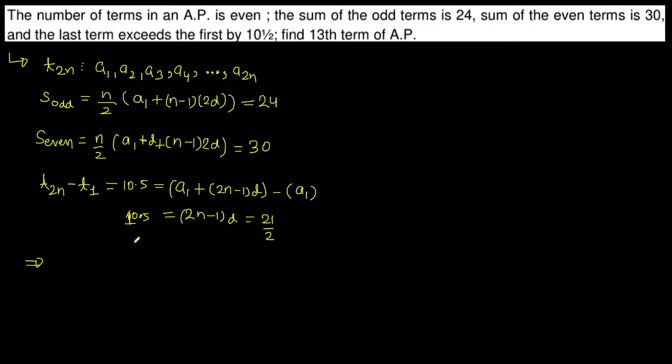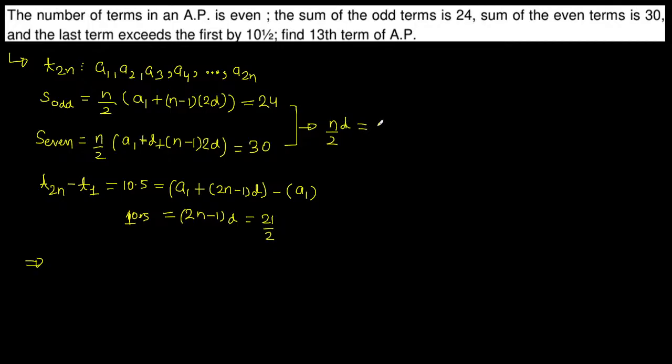Let me understand the approach. If we take the difference of these two, it is n by 2 times this minus this, which is d.